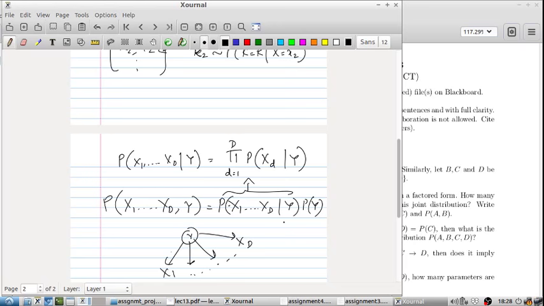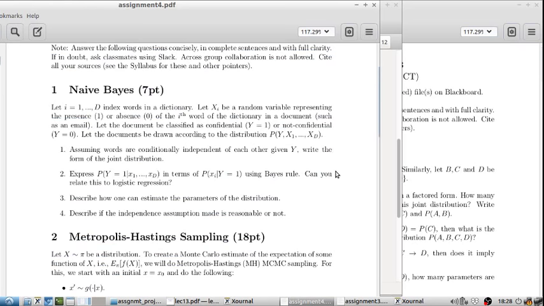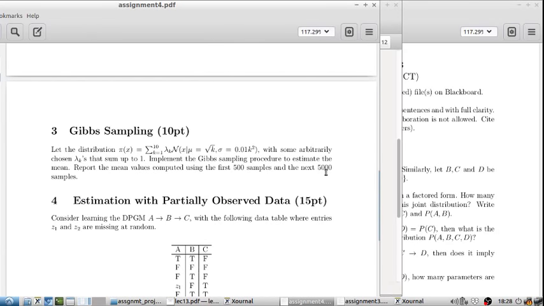Those are the two parameters. And the last part is just trying to say whether the independence assumption is a good assumption or not. You can justify that sometimes it makes sense, sometimes it doesn't. Any questions about the first three parts?